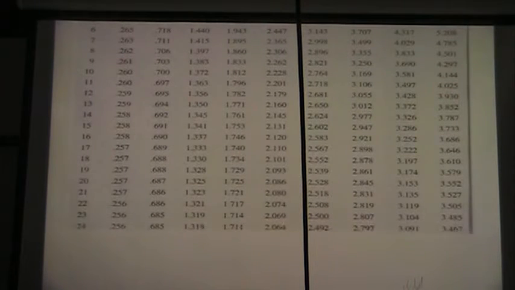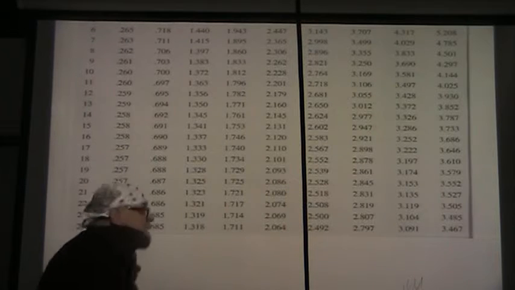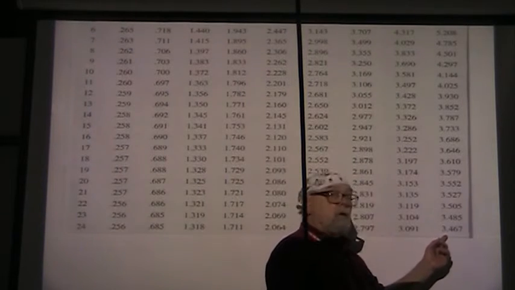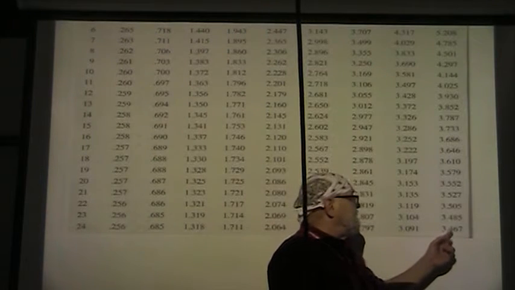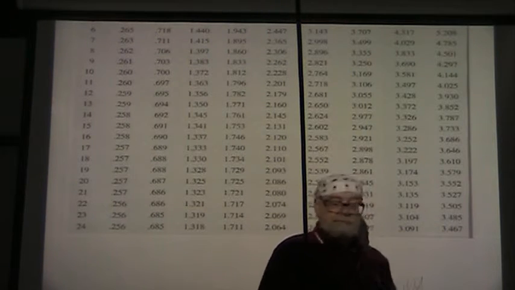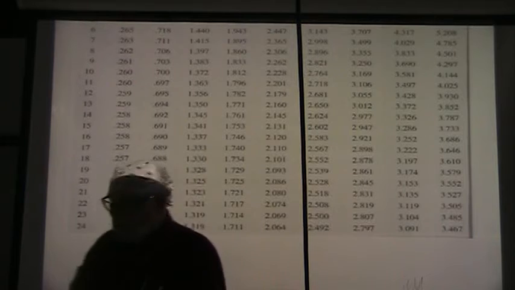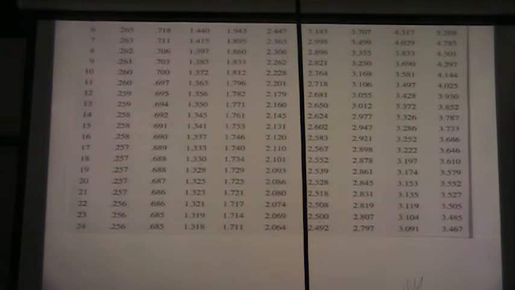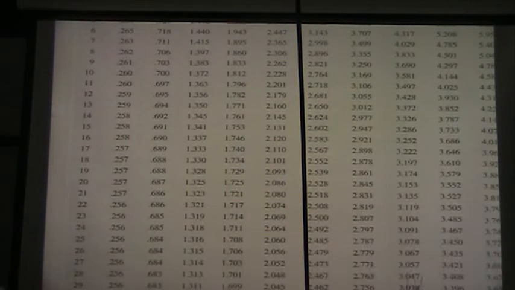I put it down on the 24 row, and right here in my little corner, 3.467. 3.467 then is our T of 0.001 with 24 degrees of freedom.